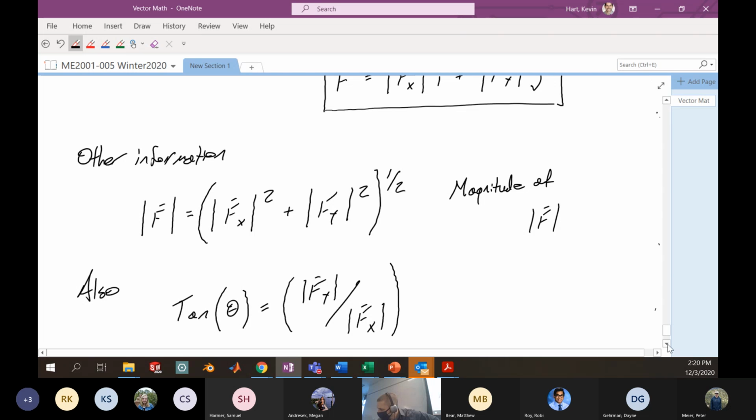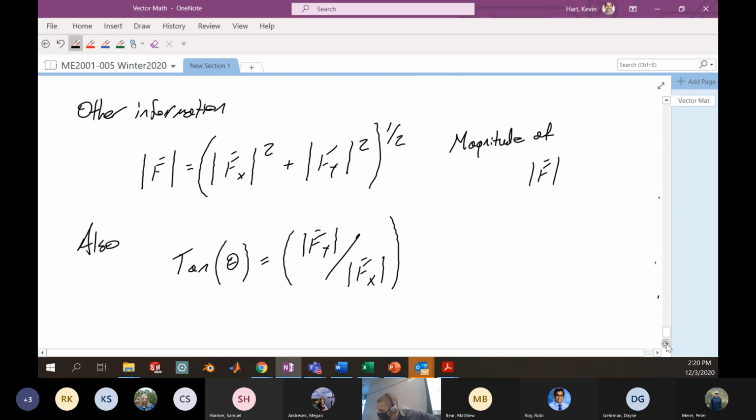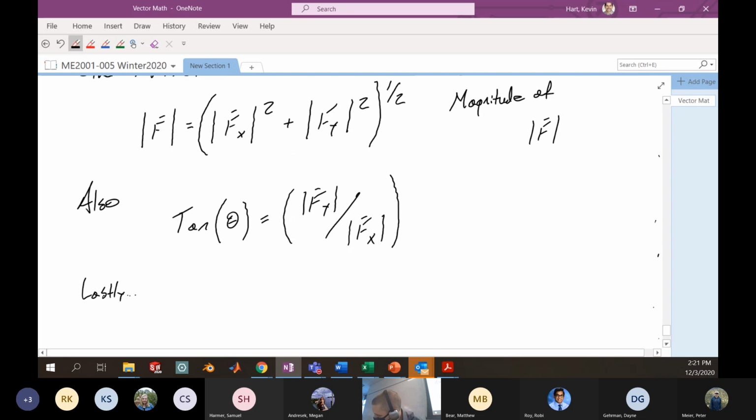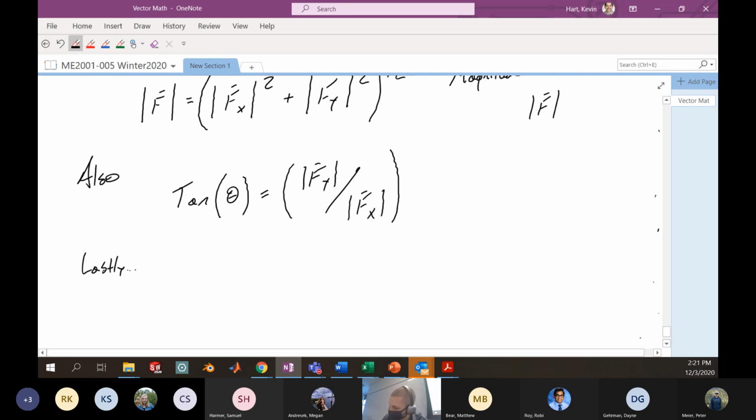Okay. Lastly, the following information follows: the vector fx is equal to the magnitude of f resolved into the x direction. So basically we're using a dot product here to dot the vector into the x direction.